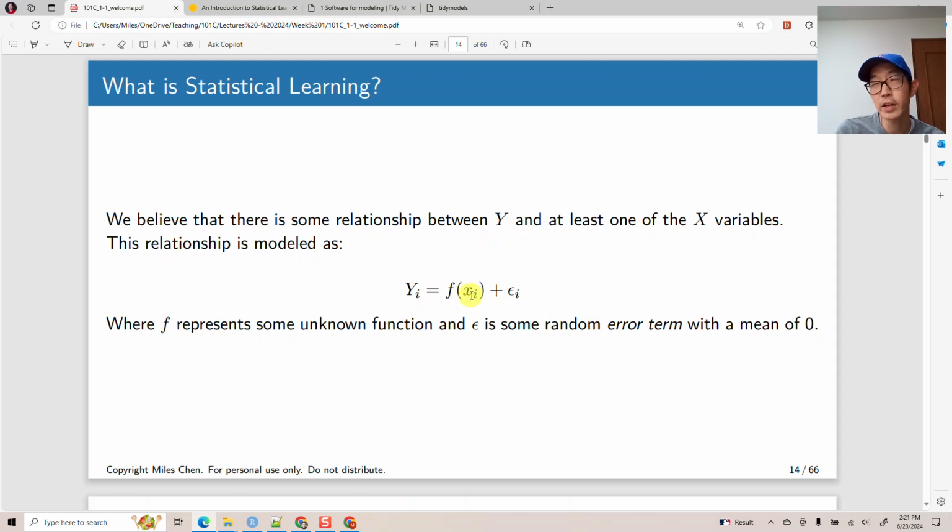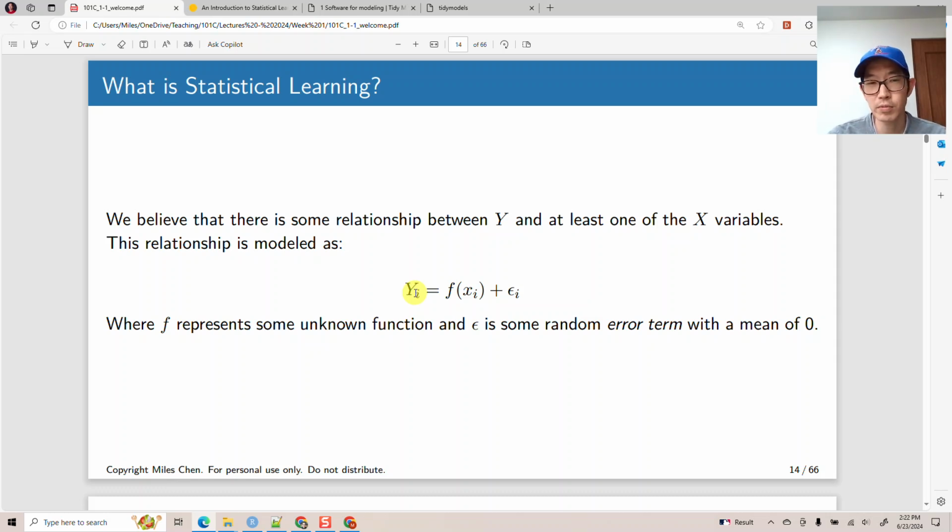For the ith observation, if we were to take the ith observation in x, plug that into some kind of function, and then maybe include some random error, random noise, we would get the ith observation in our output variable. We're saying there's some kind of relationship that actually exists here.